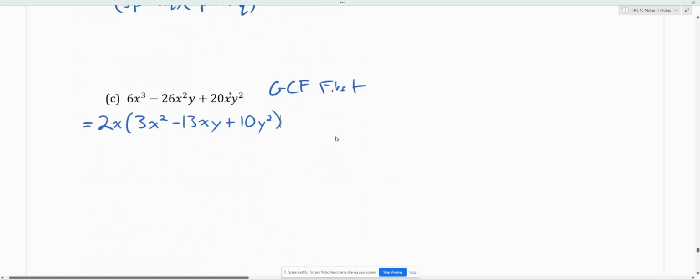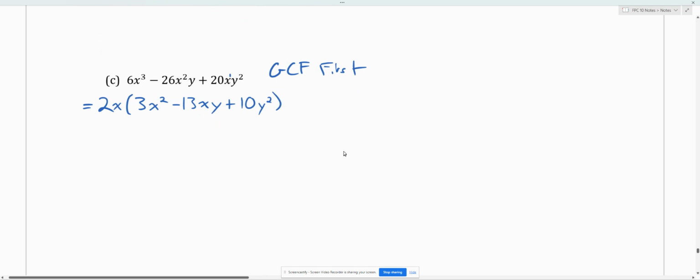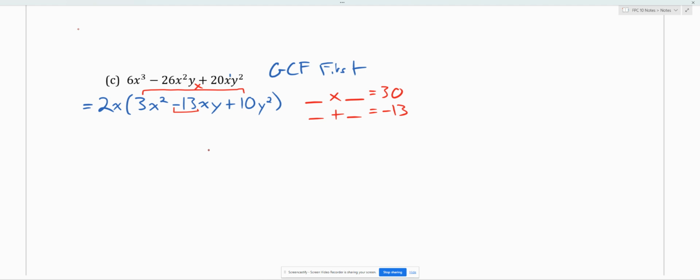So now we have a trinomial that is really similar to the first one we did. However, I don't have a leading coefficient of 1. I'm still going to have to do decomposition using my magic numbers. So let's do that and we'll be done. Take my 3 and my positive 10. We're going to multiply those. So now we're going to find two numbers that multiply to give me 30 while adding to give me the middle coefficient of negative 13.